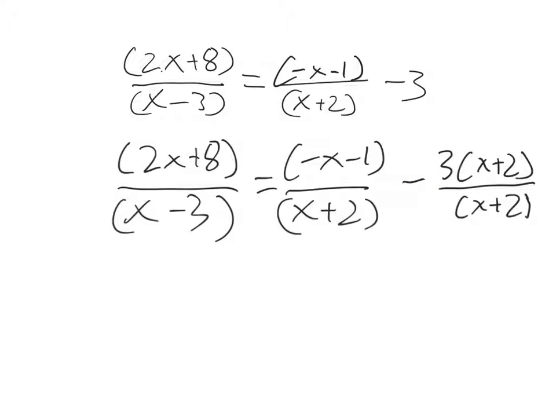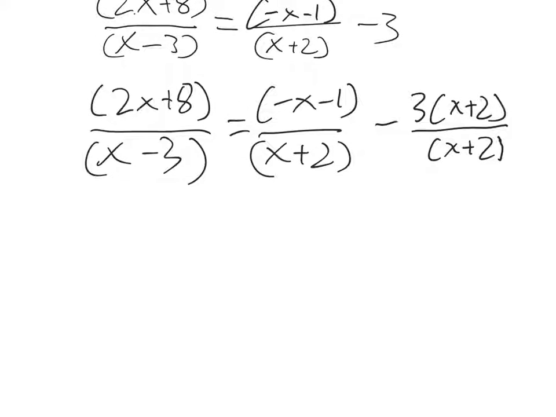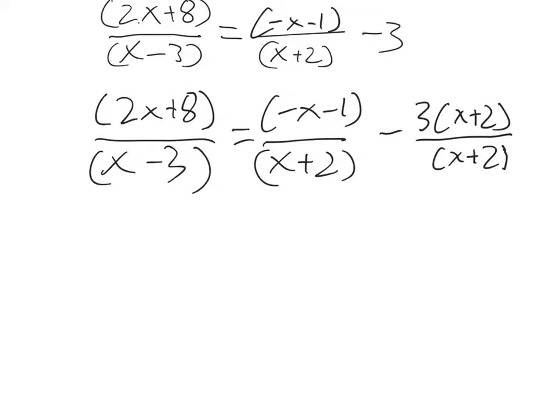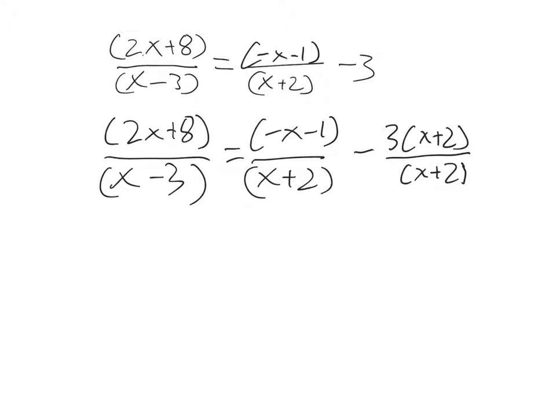All right, now that we have this common denominator here, we can do a little bit of cleaning up on the right side of our equation. You're going to want to make sure that you take care of things like distributing out this 3, because you're going to be combining everything on that right side.